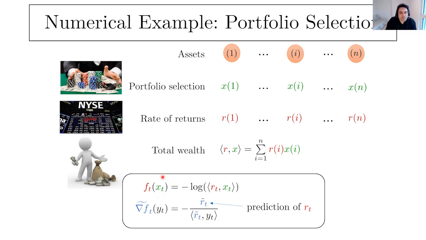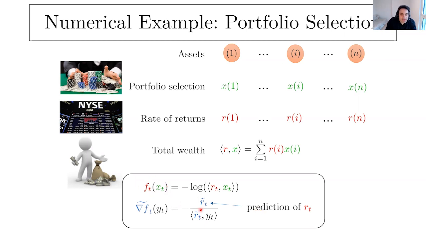Now, speaking of prediction, what you really need in everything that I said today is the gradient of this loss function. If you look at the formula of this f_t, the gradient looks like that, where r_t here is your prediction of the rate of return at the step that matters. Okay, so this is the loss function that we care about.